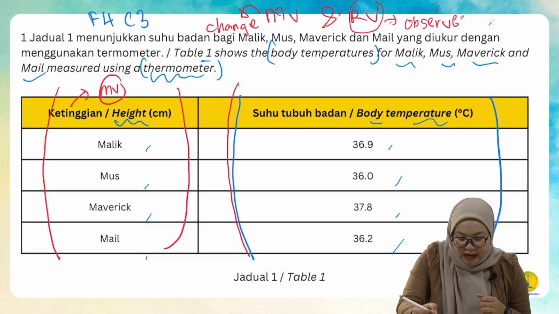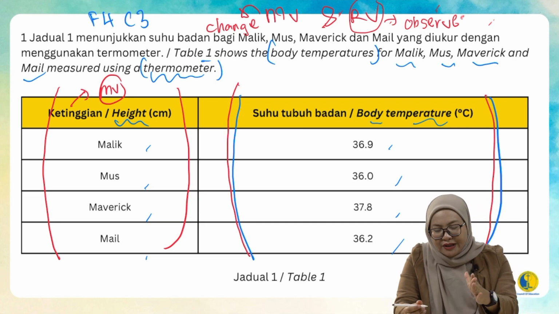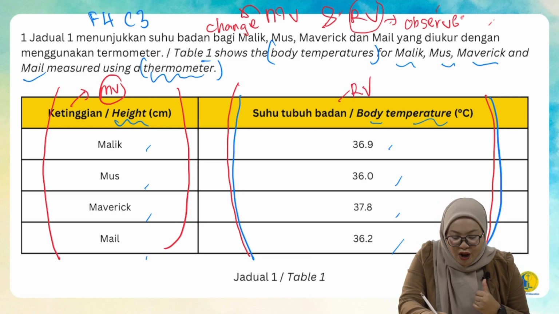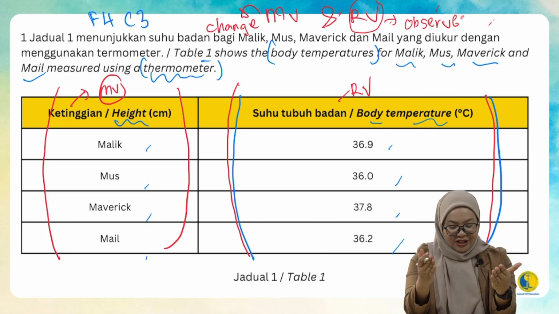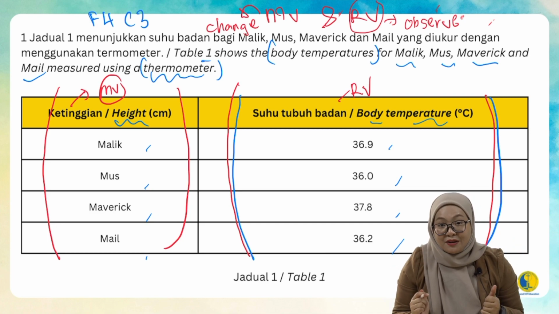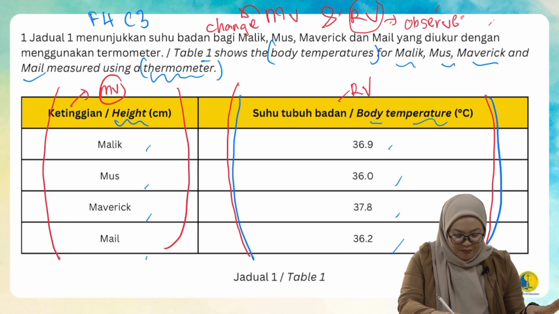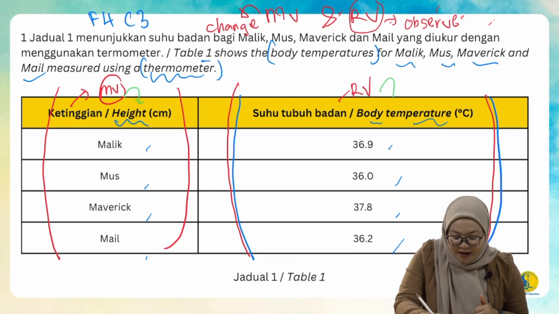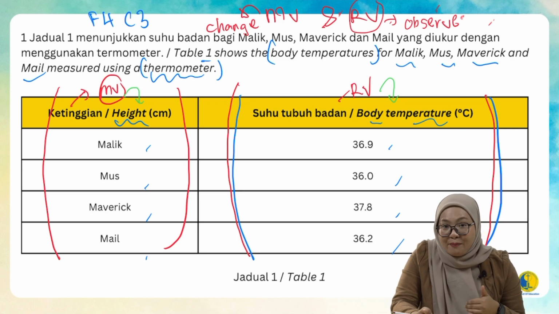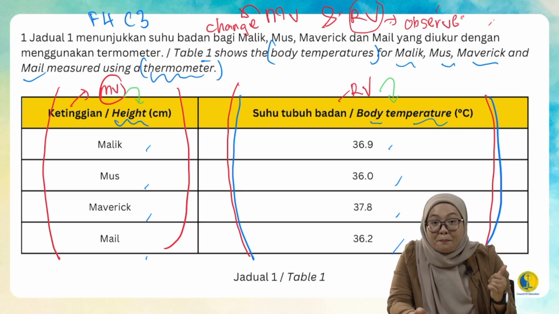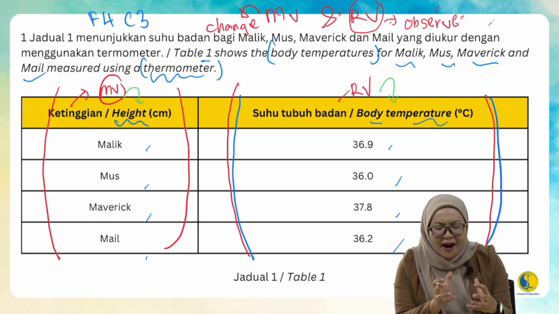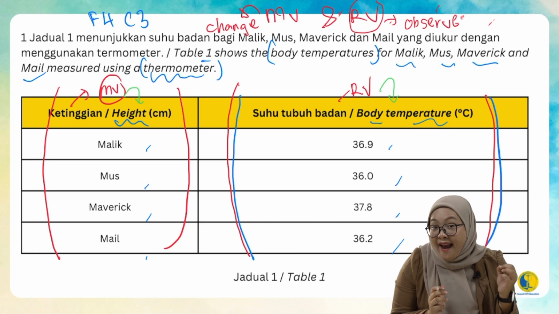The second column always is your responding variable. So now you can see the manipulated variable already. For the manipulated variable, the height of the boy. Meanwhile, for the responding variable, the body temperature of Malik, Moose, Maverick and Mail. Easy, right? So this is the heart of the questions for section A.